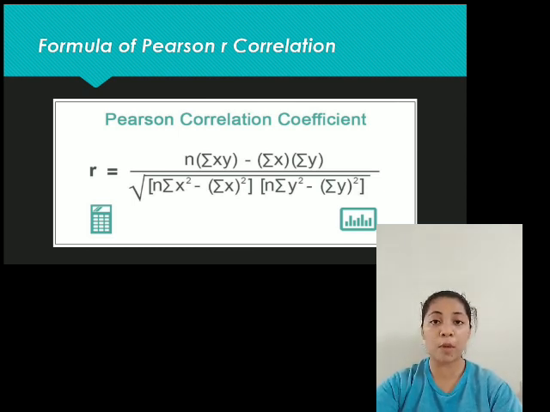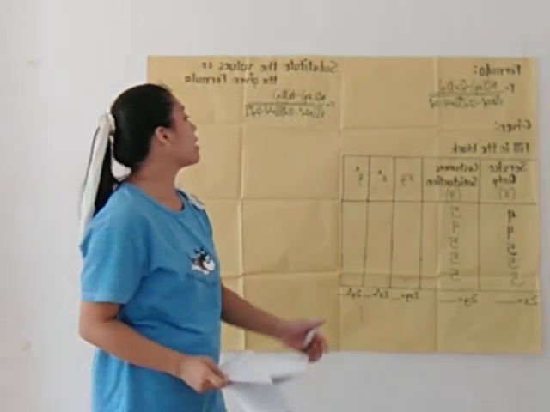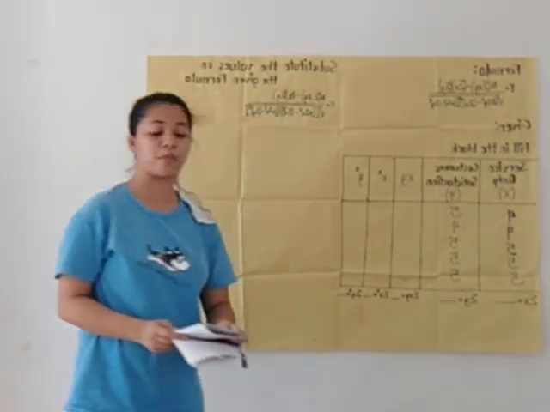We're going to solve a problem, and I'm going to present to you a video of how to solve using this formula. I give you an example as a guide, to help you easily solve the problem.